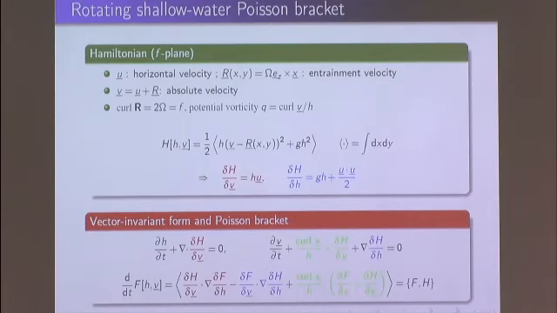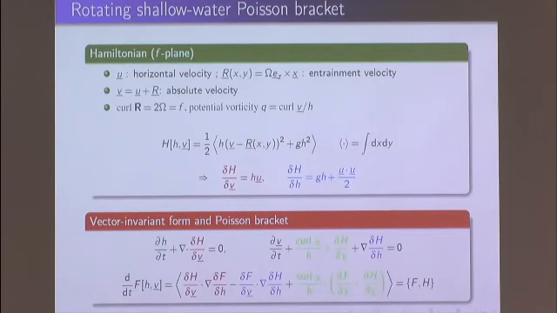And so the functional derivative of the Hamiltonian with respect to absolute velocity is the mass flux, and this, with respect to height, is the Bernoulli function, both of which appear in the vector invariant form of the equations, which is well known and has been used for a long time to discretize the shallow water equations.